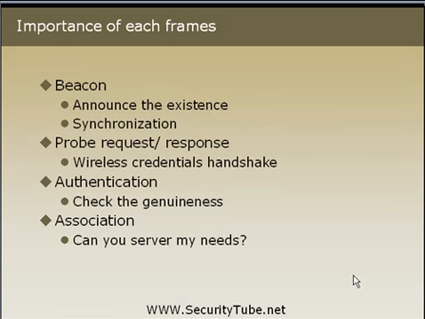First is the beacon. AP has to announce that I am present and these are my credentials, like the SSID of the AP is so and so, the channel on which I am operating is so and so, the data rates which I support are so and so, the extended data rates are these, the TIM or traffic indication map information is so and so, whether I support any encryption or not, and if I do, which kind of encryption, and so on.